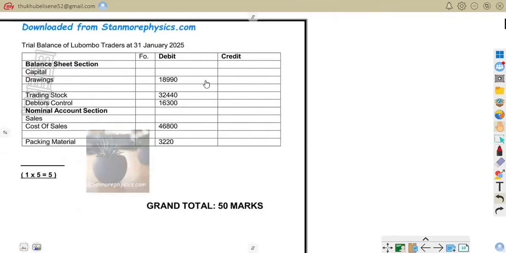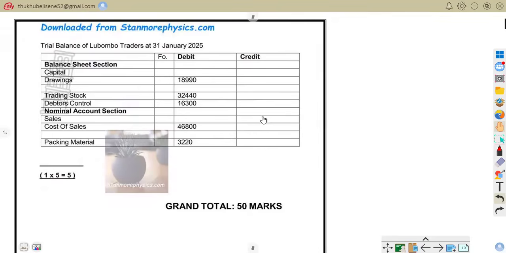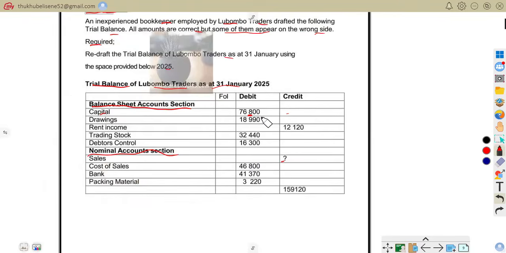So now let us come to our answer book. We are starting with the capital amount. How much is our capital amount? And remember, the capital account has a credit balance. So you can see here is our capital amount, which is 76,800, which was supposed to flow to the credit side.